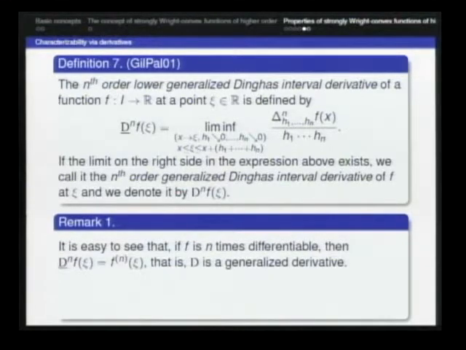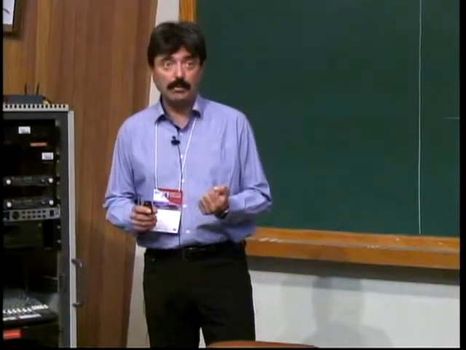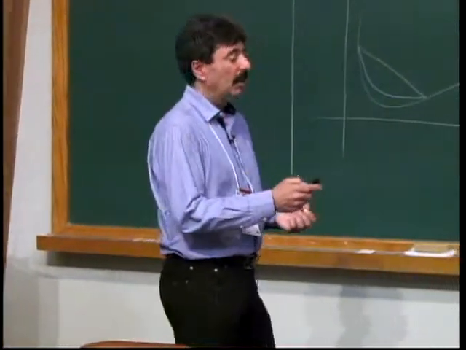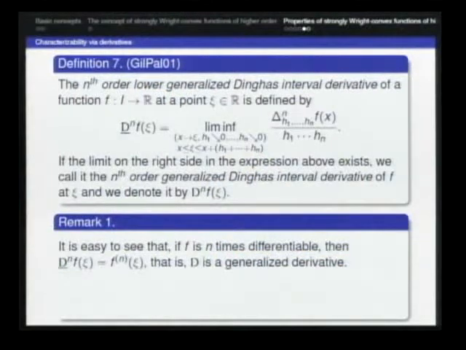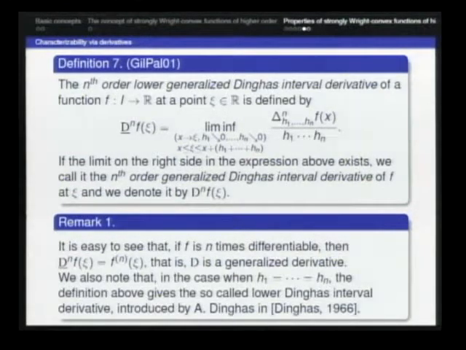This means that if a function is n times differentiable in the common sense, then of course this d lower n f xi also exists, and more importantly, it is equal to the nth order derivative of the function f at the point xi. Moreover, in this case, not only this lower derivative, but also this derivative exists, and of course it is equal to the nth order derivative of f at xi.